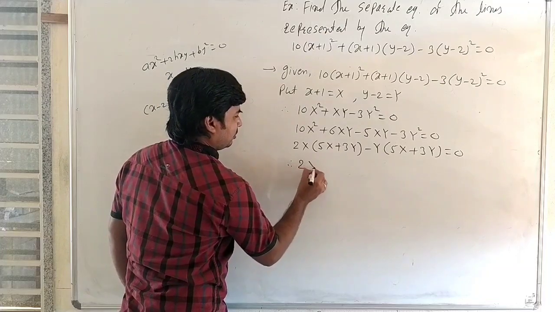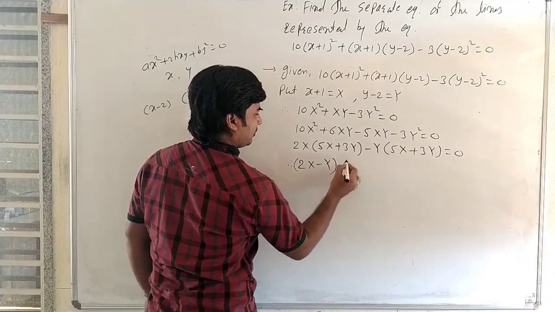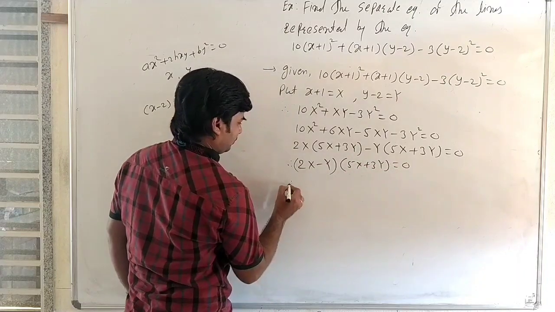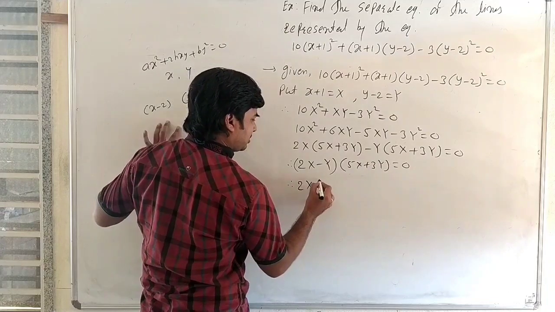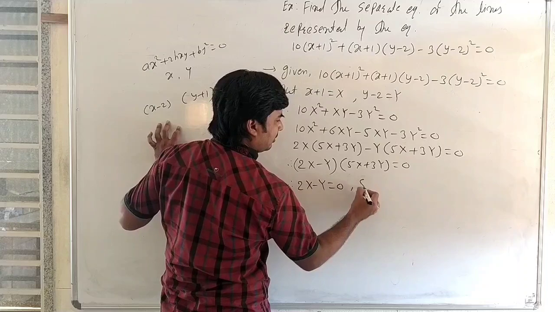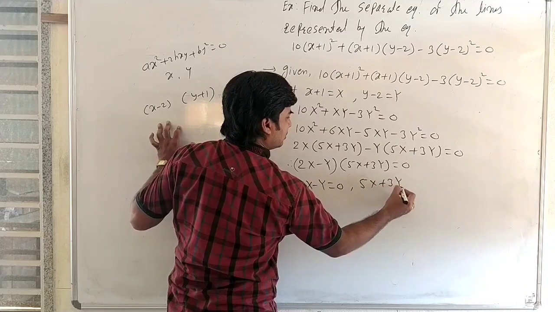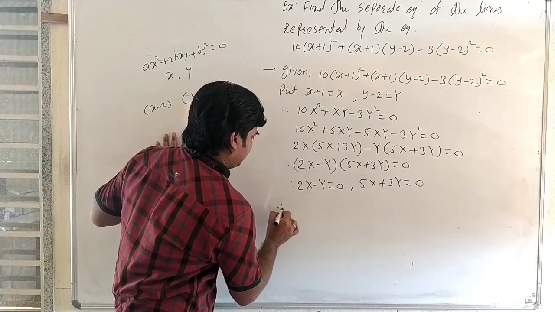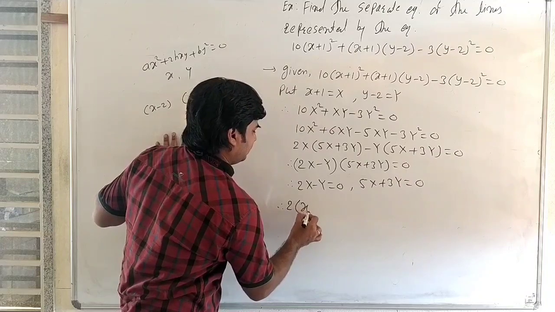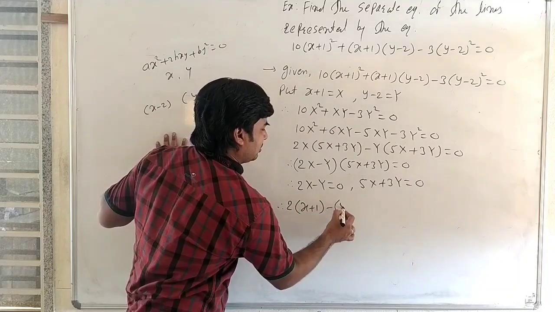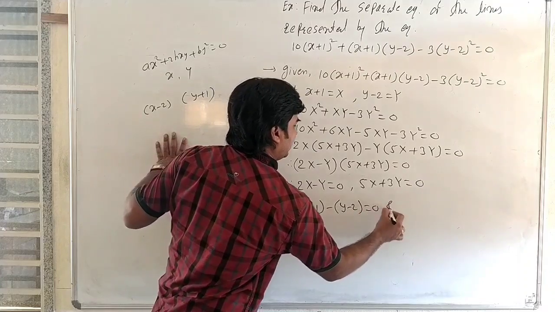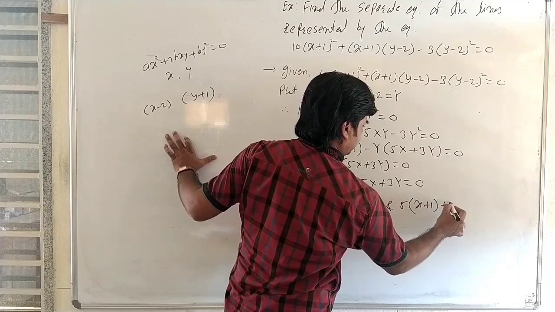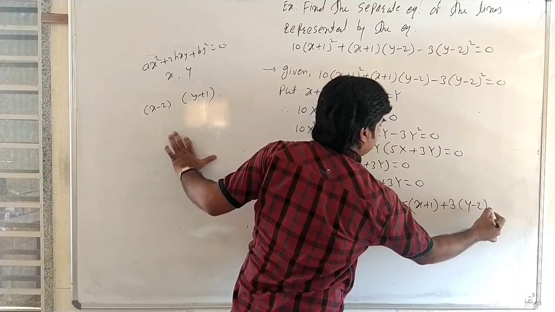Therefore, (2X minus Y)(5X plus 3Y) is equal to 0. 2X minus Y equal to 0 and 5X plus 3Y equal to 0. Okay. Therefore, put the values of capital X and capital Y: 2 into (x plus 1) minus (y minus 2) equal to 0, and 5 into (x plus 1) plus 3 into (y minus 2) equal to 0.